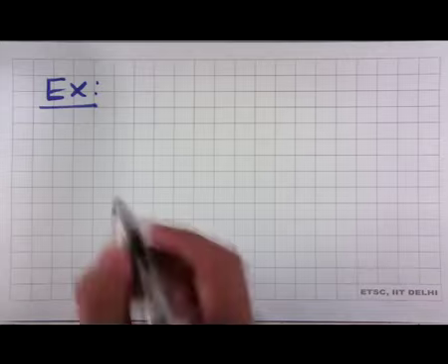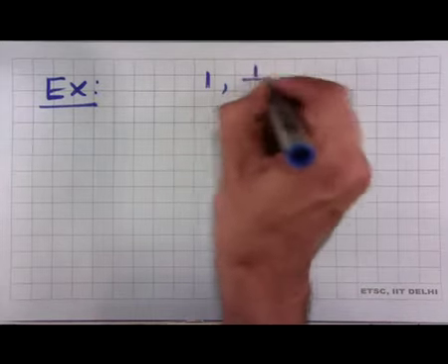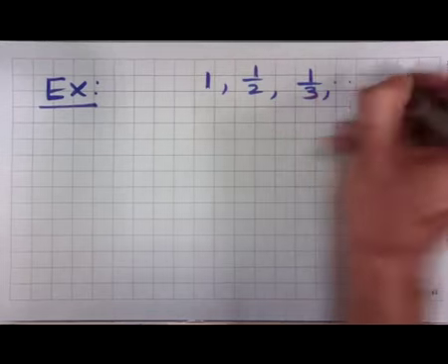Let us consider the sequence 1, 1 by 2, 1 by 3, and so on, 1 by n.